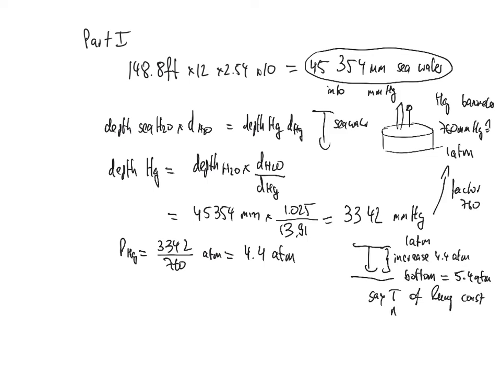And if the moles and T are constant, then we know P1V1 equals P2V2. And if you rearrange this, then you can write that V2 over V1 is equal to P1 over P2. And 1 and 2 are just arbitrary. That could be initial, final. You can use this as whatever you want, but this is basically 5.4 divided by 1, which is 5.4.